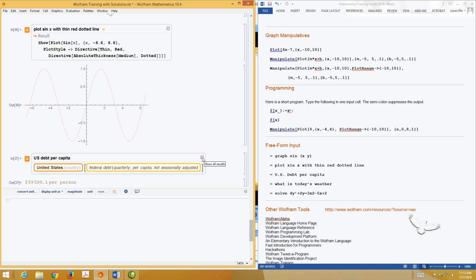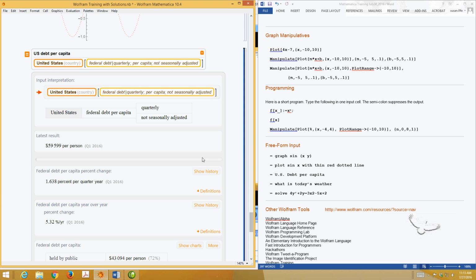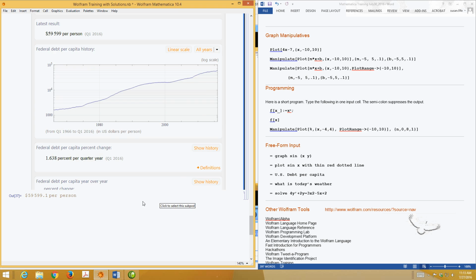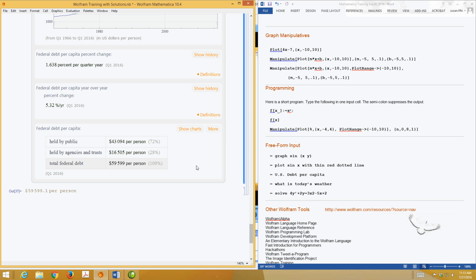Each of these has a plus. If you hit the plus, it's going to open it up to give you a lot more information, including where the data came from. I guess that would be under more. Wow, look at that.